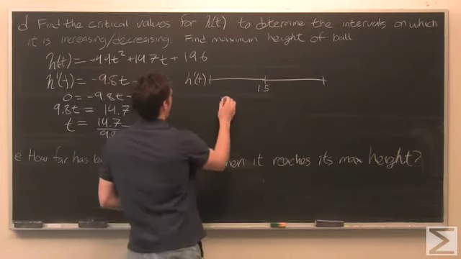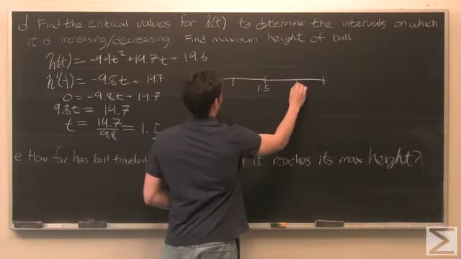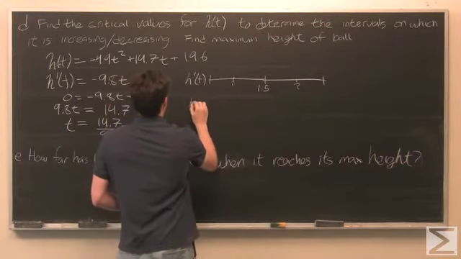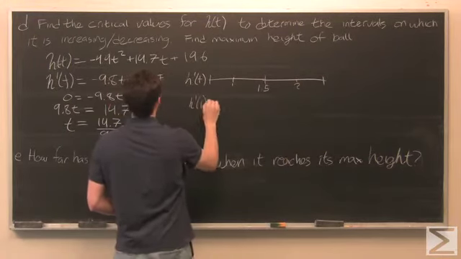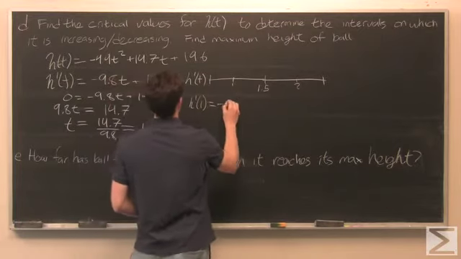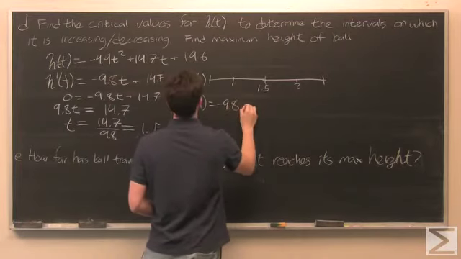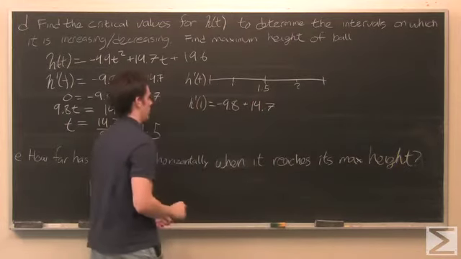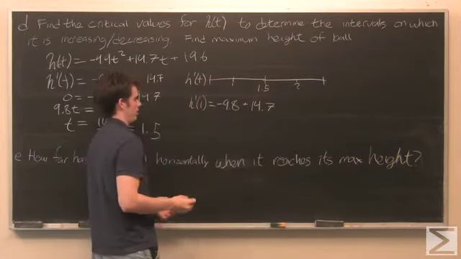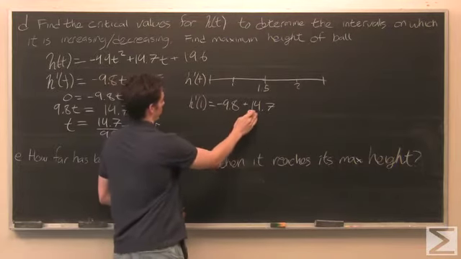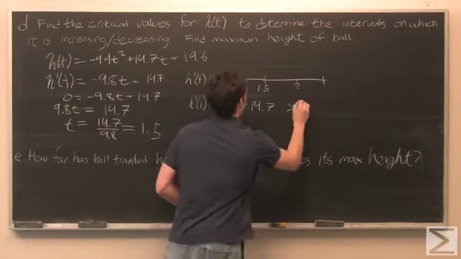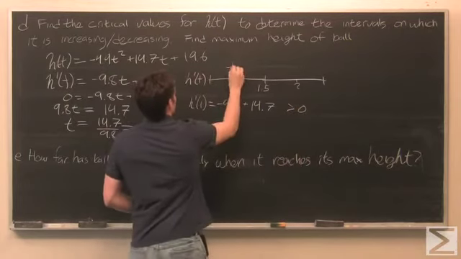Let's take a look at 1 and 2, the easiest ones available. So h prime of 1 is equal to negative 9.8 plus 14.7. Well, it's fairly easy to see that this is smaller than this, so this is going to be greater than 0. So we know that this is positive here.